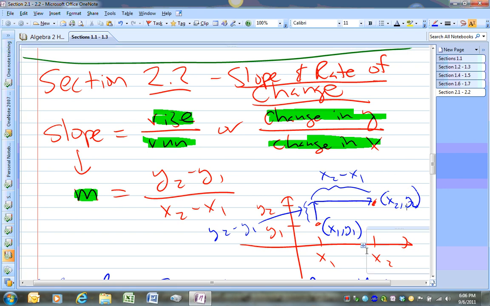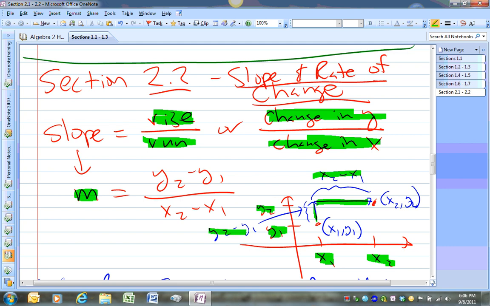And you can see also I labeled it x1, x2, y1, y2. So this represents the difference in the x values, x2 minus x1. This represents the difference in the y values, y2 minus y1. And then you just divide the rise, which is this, over the run, which is that, x2 minus x1.